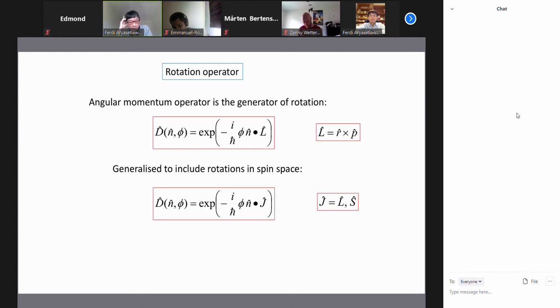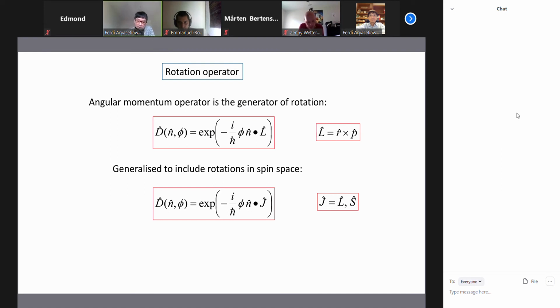And then we showed that the angular momentum operator is the generator of rotation. So we showed that for the case of L, that's the angular momentum in real space. We operate that on the position eigenstate, and we verified that it does indeed rotate the state.